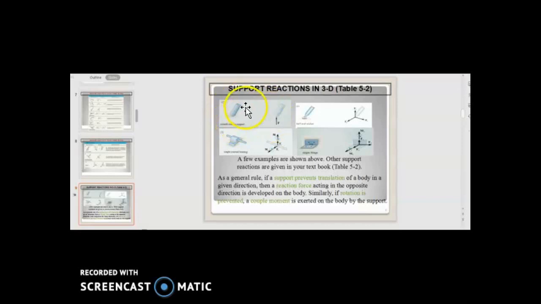For this type of support or joint, the support reaction looks similar to the one in the two-dimensional support reaction, right? And then this is the ball and socket joint. The support reaction will have three components of force, in the axes of x, y, and z.